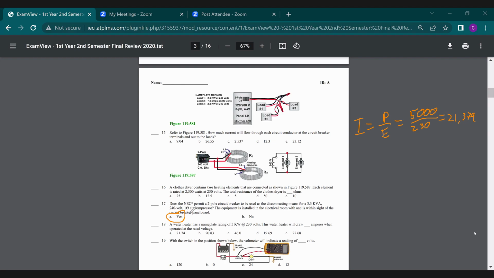Oh, the last article was 422.31(B). I think it's 739. I put 379. Yeah, I flipped those around. Yep, 21.74 for 18 here.